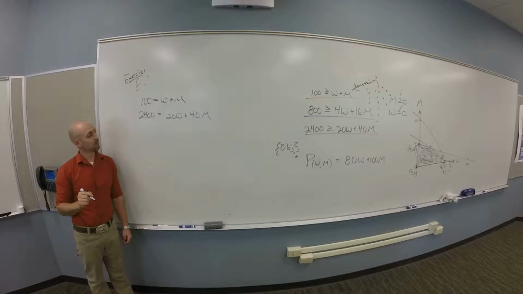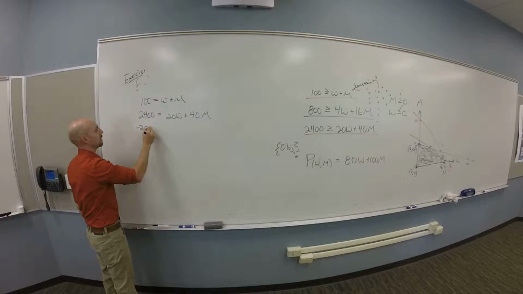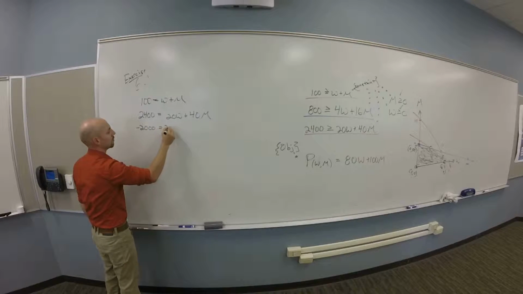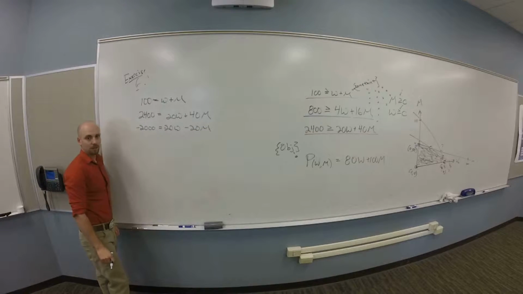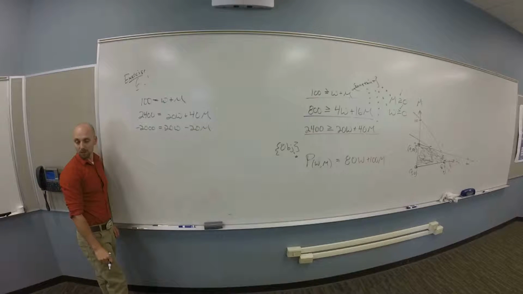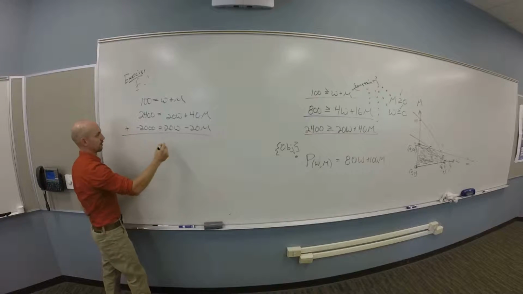Multiply the top one by minus 20. Okay, so if I multiply the top one by minus 20, I get minus 2000 is minus 20W minus 20M. And then what? Add those together, good.